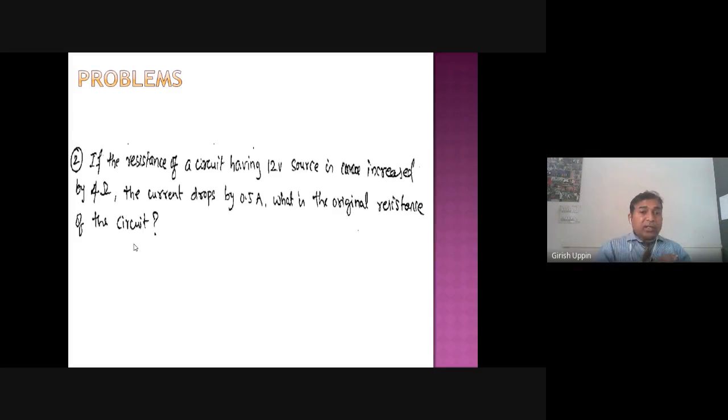Initially the current flowing in the original circuit is represented by capital I. In the second scenario, the current drops by 0.5 ampere, so originally it was I, now it will become I minus 0.5. It is connected to the same voltage source, 12 volt. What you have to find is the original resistance.